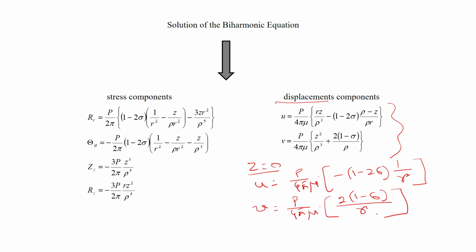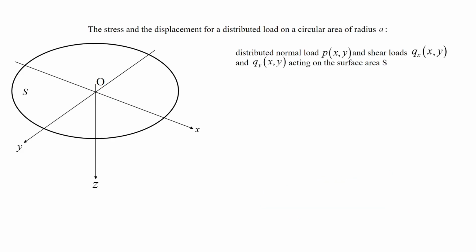So, mu is the shear modulus and sigma is the Poisson ratio, and these are u at z is equal to 0 and v at z is equal to 0. This is the vertical deformation or displacement at the surface of this elastic half space, and u is the horizontal displacement or deformation.